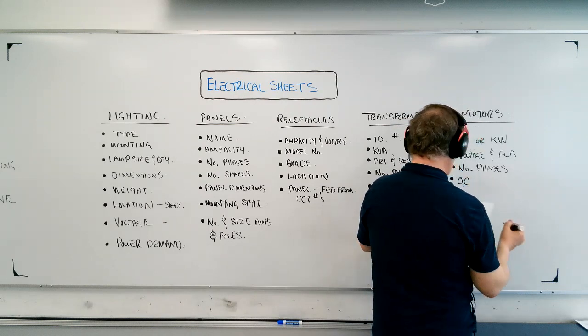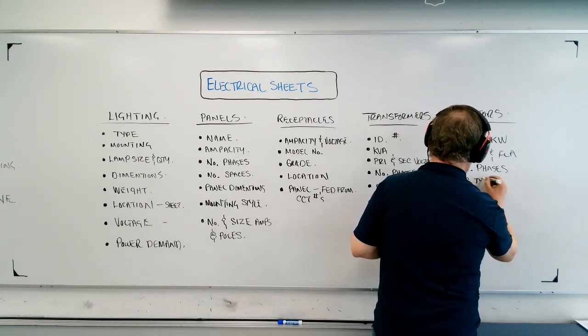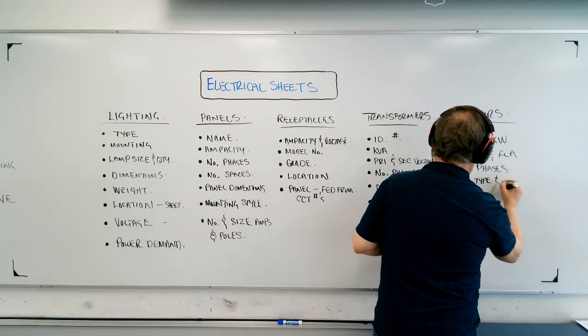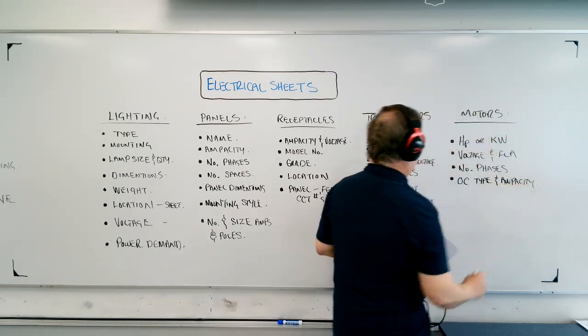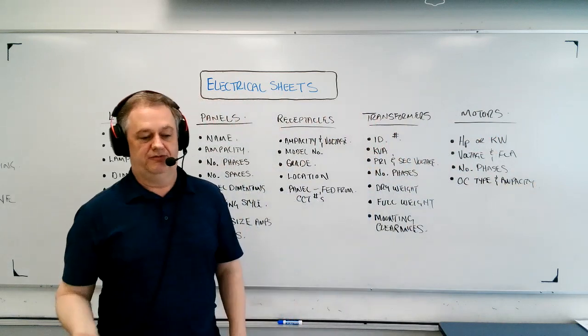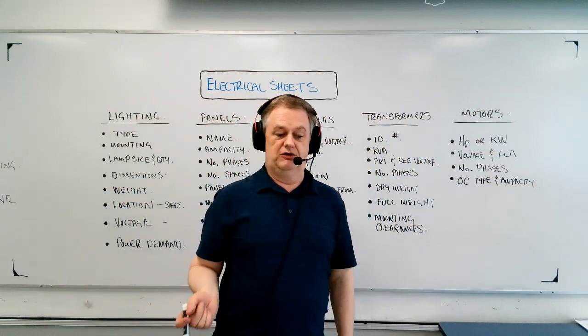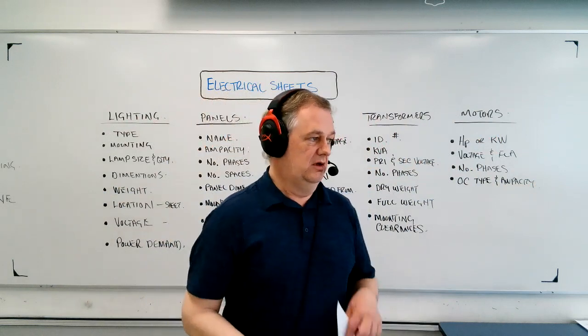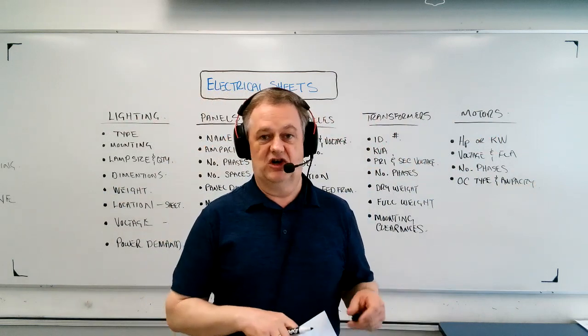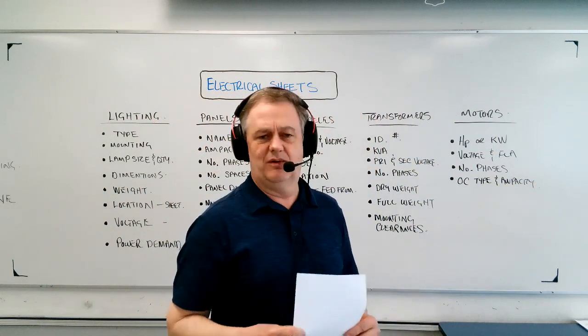Overcurrent type and ampacity. So that's, are we going to use a breaker? Are we going to use a fuse? Are we going to use a standard code fuse, or a different type of fuse, more of an HRC fuse, time delay? What are we going to do, right?